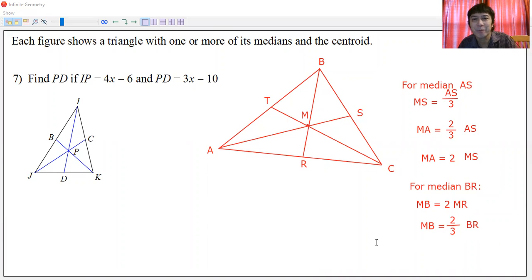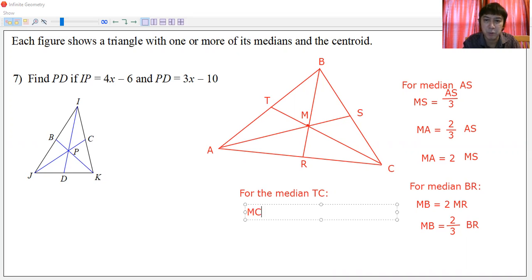What else? You can also say for the median TC, you have MT, you double that, it is equal to MC.